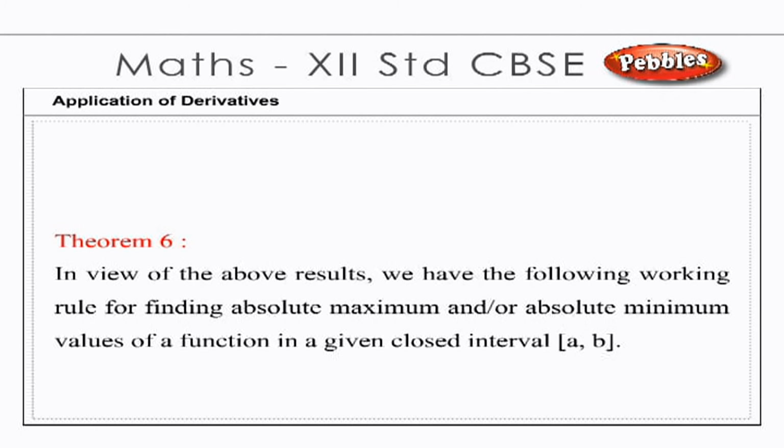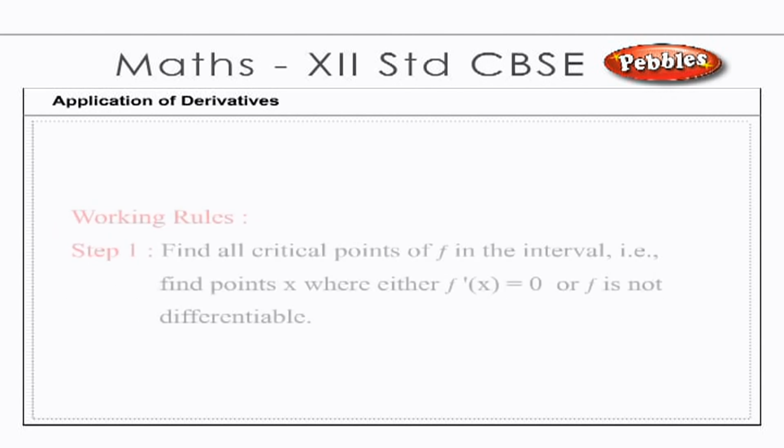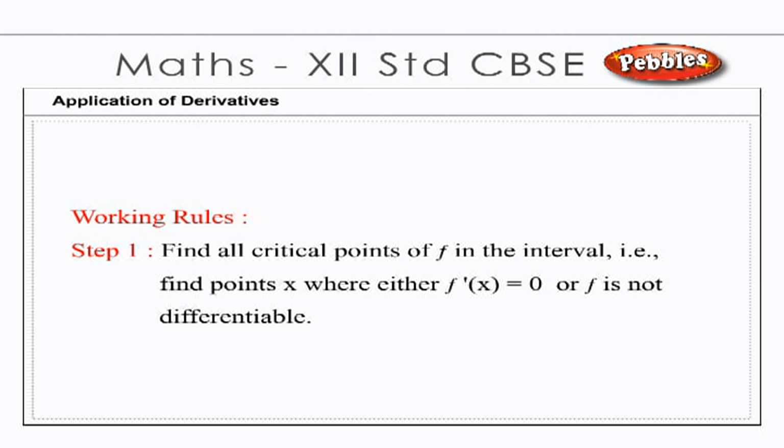In view of the above results, we have the following working rule for finding absolute maximum and/or absolute minimum values of a function in a given closed interval [a, b]. Working rule. Step 1: find all critical points of f in the interval, that is, find points x where either f'(x) = 0 or f is not differentiable.